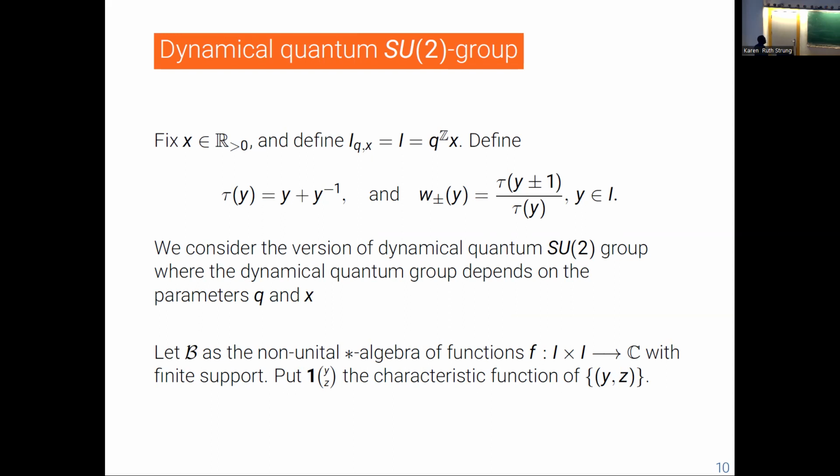For this, we fix X, and we define for this I here, depending on Q and X, these functions, tau and W. We consider the version of quantum SU2 introduced by Kenny, where the dynamical quantum group depends on these two parameters, Q and X. So let B be the non-unital star algebra of functions defined on X times X with finite support.